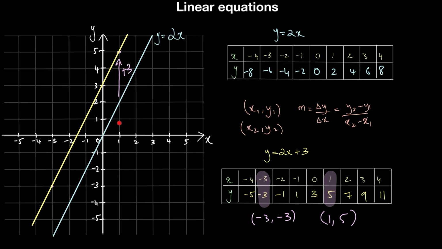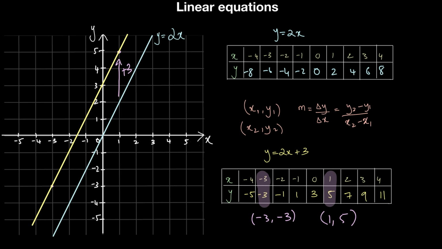So now if I take any given value of x, on the graph y is equal to 2x plus 3, the y coordinate will always be 3 greater for any given value of x. For example, when x is 1, here y was 2, over on the other line, y will be equal to 5. When x was 3, y is equal to 6, whereas over here, y is equal to 9.